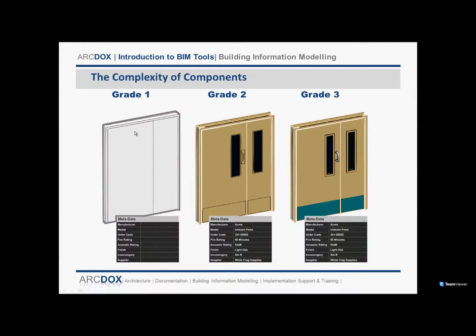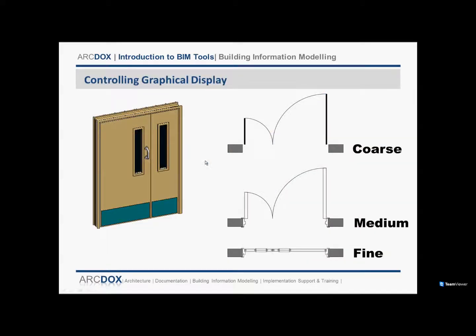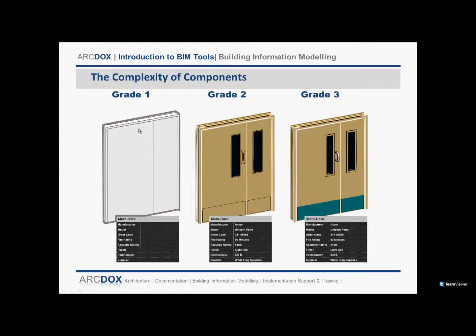So grade 1 is the concept grade. Just a basic outline, no real information in there, just a rectangle here and a rectangle here, and then a frame around that. And that's a good placeholder concept element. Then that would be swapped in for a more advanced door that has its information all put within that element.